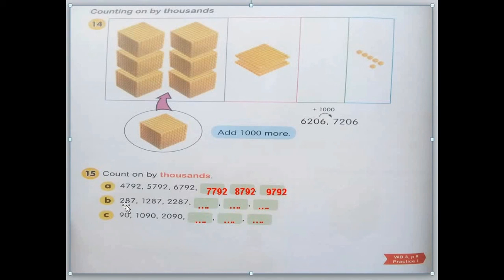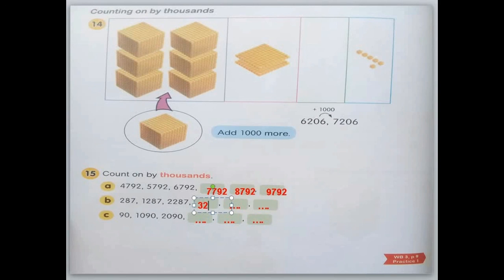Okay, now let's check question B. Do you see the number in the 1,000 for the first one? No, right? Because it's only 287. But the second number is 1,287. Oh, it's just started, right? Over here is 1, and then over here, 2,287, it's 2. The 1,000 is 2. So the answer for the first blank is 1, 2, so over here, 3.